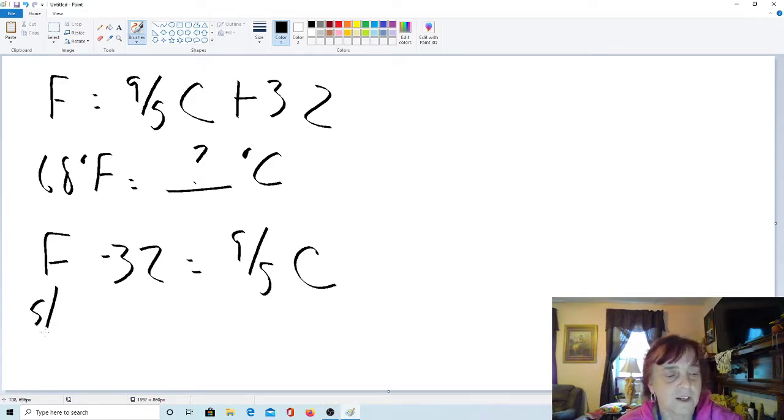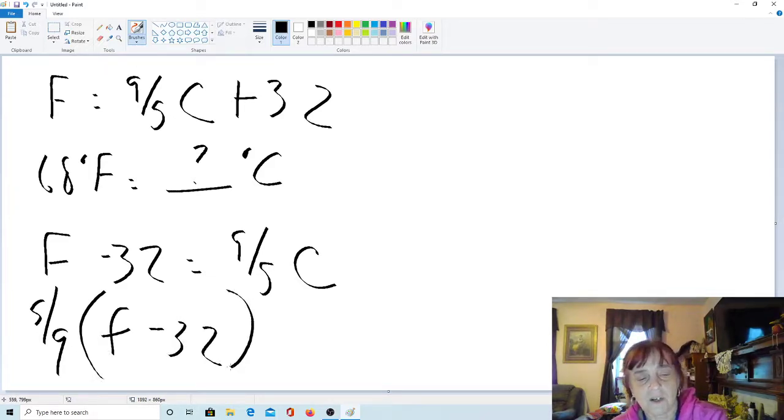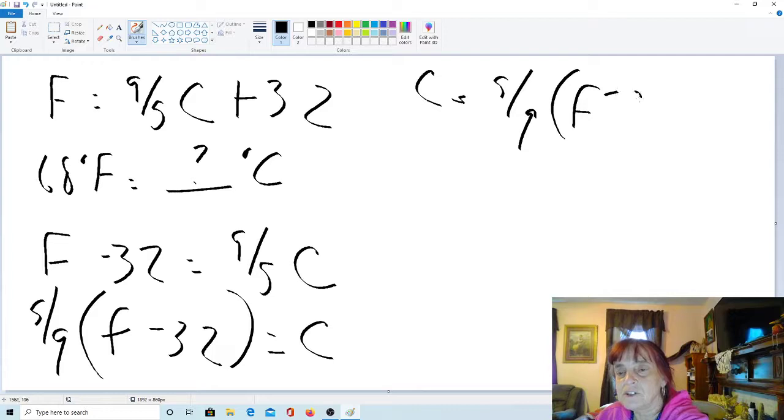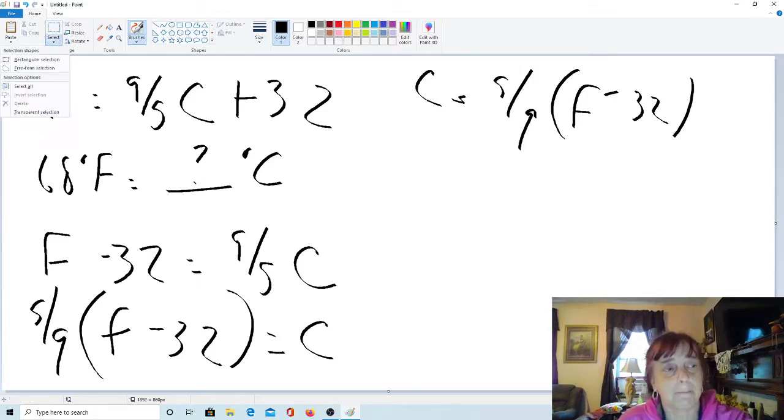So C is 5/9 times F minus 32. So 5/9 open parenthesis F minus 32 is C.